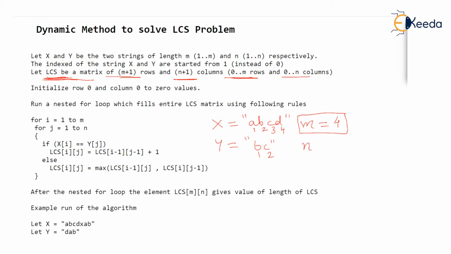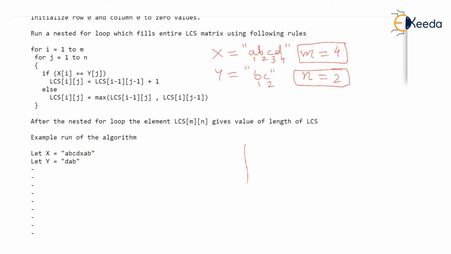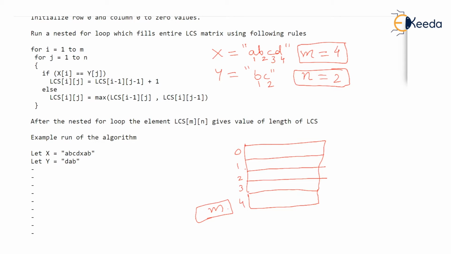And length N for Y is 2. There are 2 letters. So to solve this problem on X and Y, we will declare a matrix. And the matrix is going to contain 5 rows. Yes, it will contain 5 rows which will be indexed from 0 to 4. Observe, this is M, 0 to M. So it is containing M plus 1 rows. That extra 0th row has added up here. And we are going to declare a matrix of N plus 1 columns.